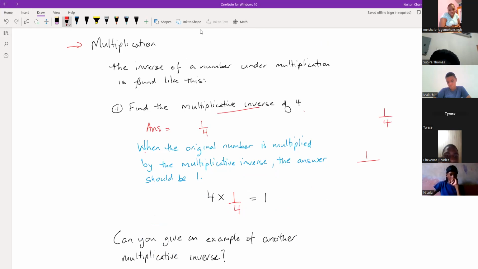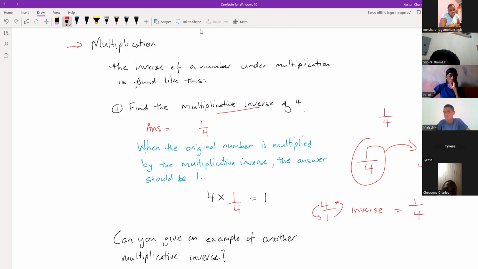If I start with a quarter, then the inverse under multiplication is going to be 4. All you're doing is really flipping. Remember, 4 is the same as 4 over 1. So for the inverse, we are moving the 1 on top and moving the 4 underneath. So the inverse is going to be a quarter.